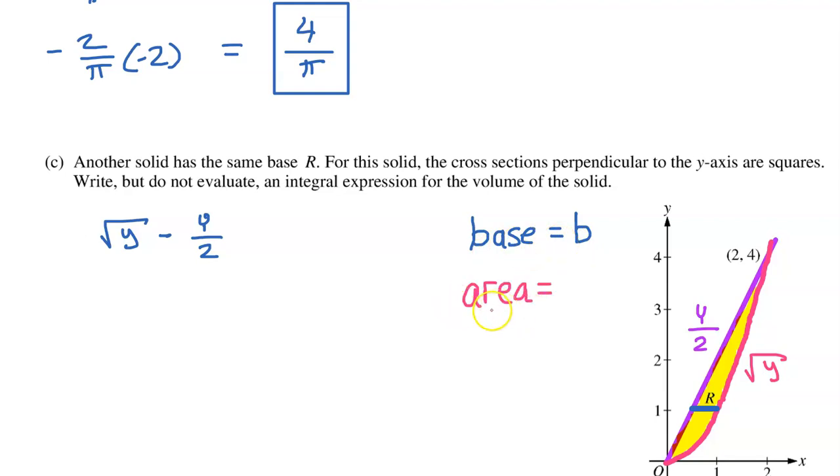Step 2 is to find an expression for the area of a single slice. But in this case, we are told that the slices, the cross-sections, are squares. So if we have a square with base b, then the area is going to be b squared.